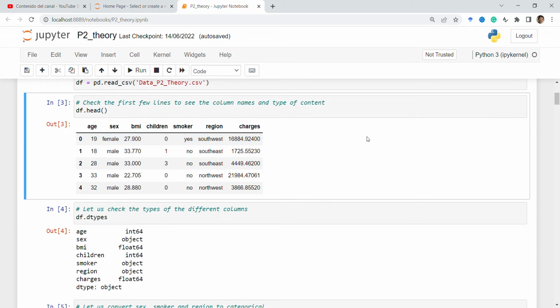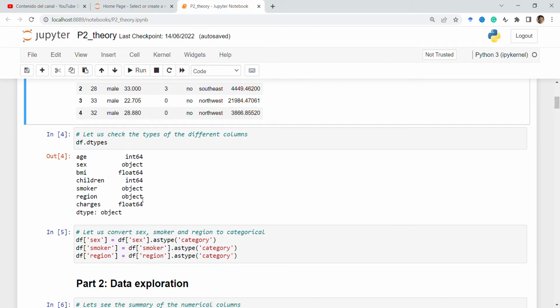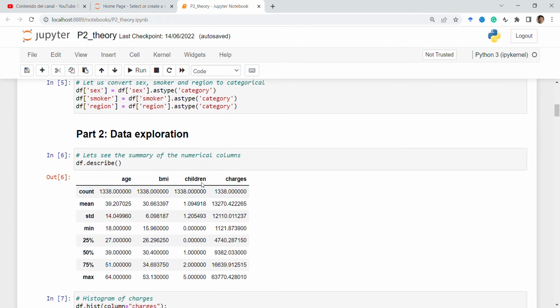So we will divide the health insurance charges into 4 quarters, and we want to predict whether a person is in the highest quarter. So as always, we convert the variables that have been read as objects into categories, and now we will explore the data.